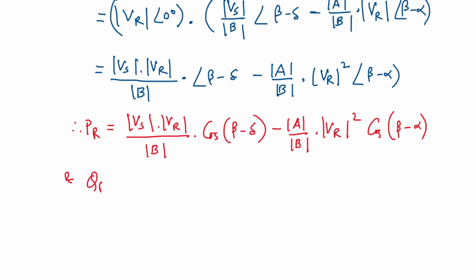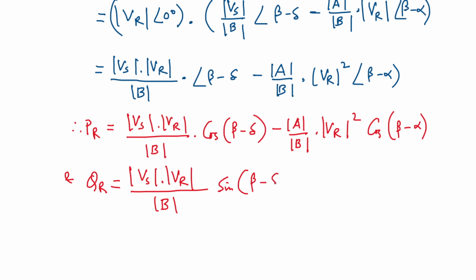and QR should be the sine component, so we write Vs into VR by B sine of beta minus delta, minus A by B into VR square sine of beta minus alpha.